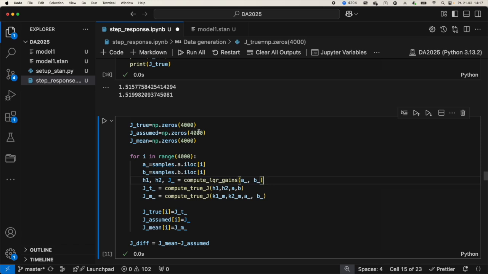So look at it like this. We have at the moment 4,000 sets of parameters AB. This is how Stan works. So we have a sample from the population of all possible parameters AB, which are consistent with the data and observed uncertainty.